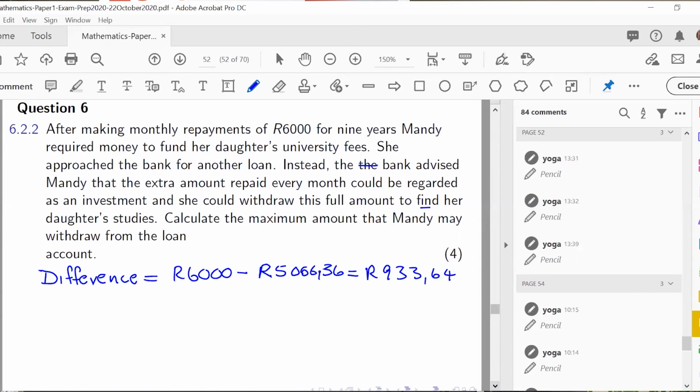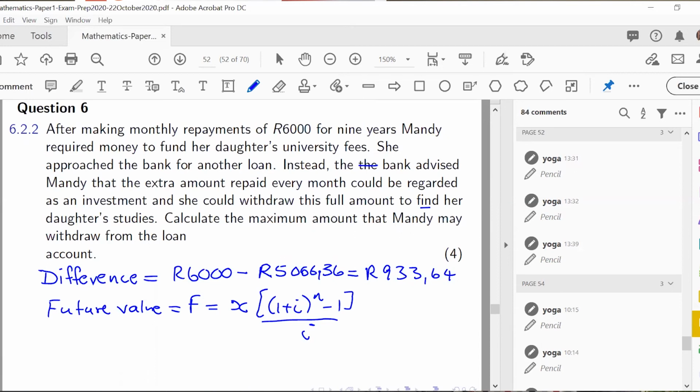So we would like to know the future value of this amount after adding the interest. So the future value of this amount, well, we can put F is given by the formula X into (1 plus i) to the power n minus 1, divided by i.